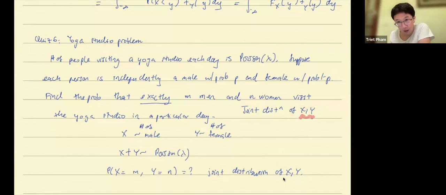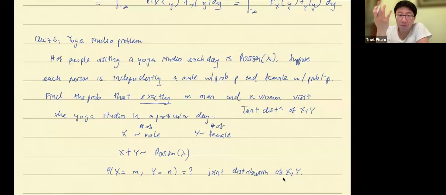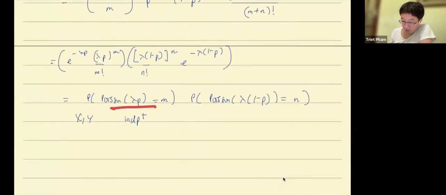Again, it's a subtle thing, and don't take it for granted. Because probably you think independence here should translate to independence there. Maybe not. The Poisson has a lot to do with that. For example, you don't have to have people arriving at the yoga studio according to a Poisson. They could arrive according to a binomial. They could arrive according to a geometric. I don't know, but I think if you change that, then the numbers will no longer be independent.